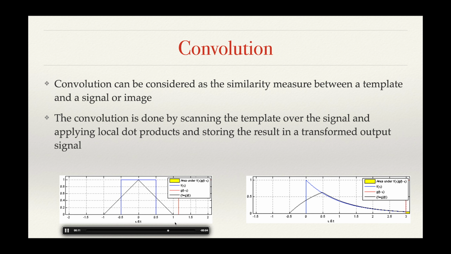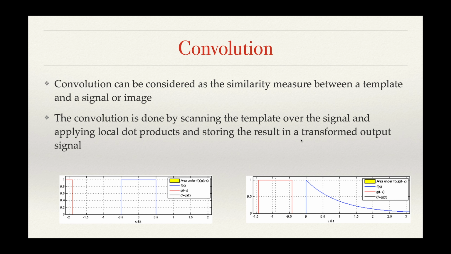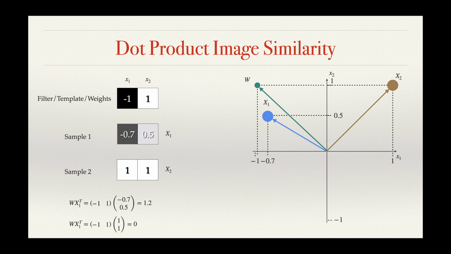And this does the dot product, because we have said that convolution is actually a dot product that is scanned over the signal. So convolution is done by scanning the template over the signal, applying a local dot product and storing the result in a transformed output signal. We will now learn in more detail what that means.